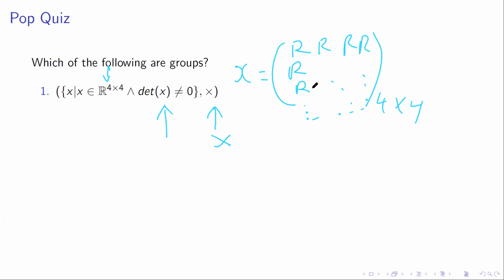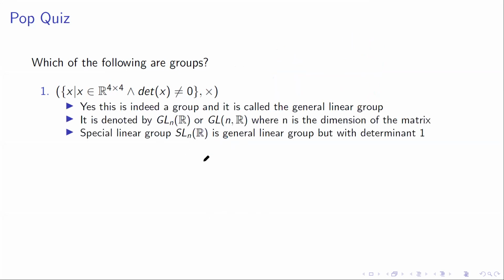Okay, yes, I see some responses. Yes, this is indeed a group, and it's called the general linear group. It's also denoted by this symbol or this symbol, where n is the dimension of the matrix. There's also the special linear group, which is the general linear group but with determinant 1.